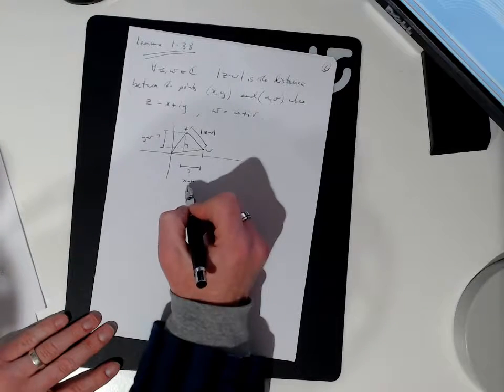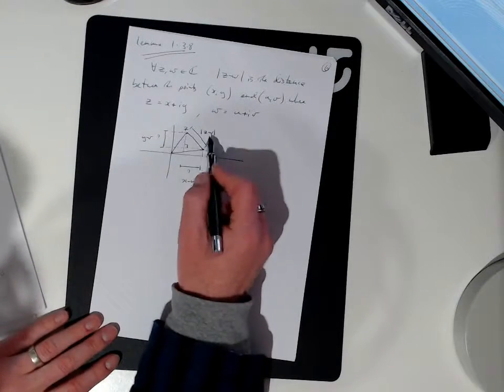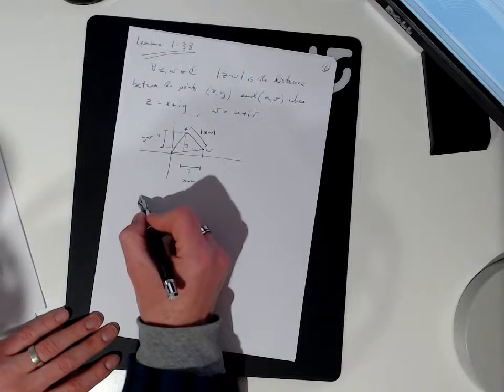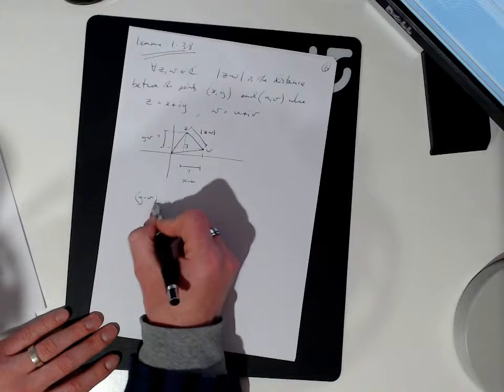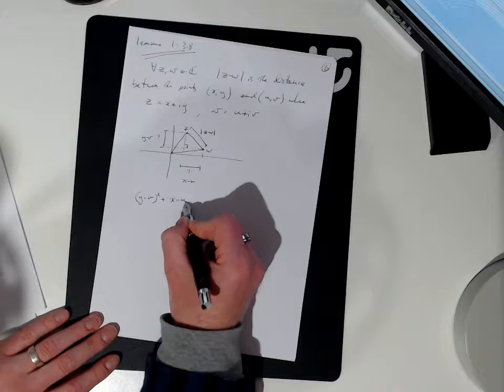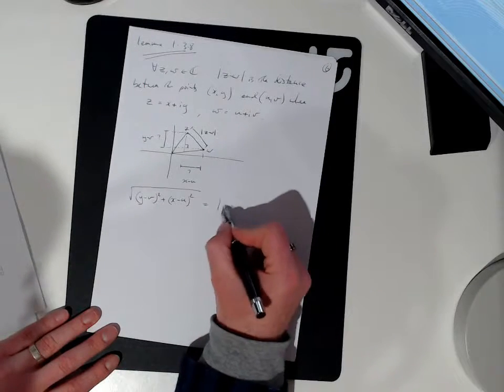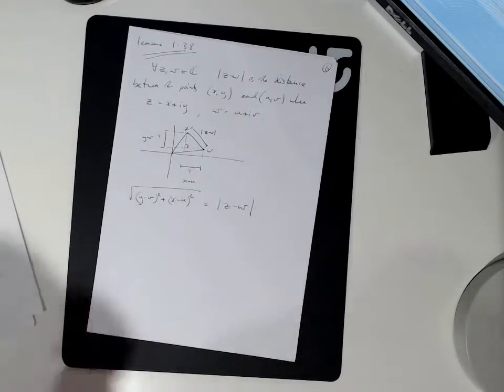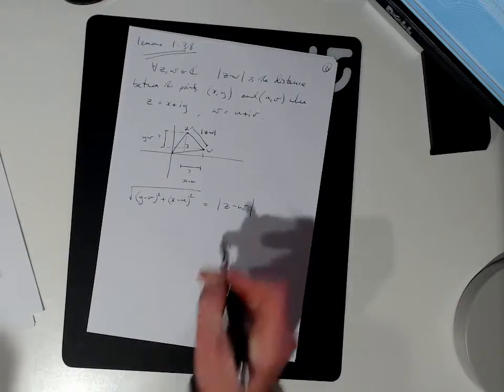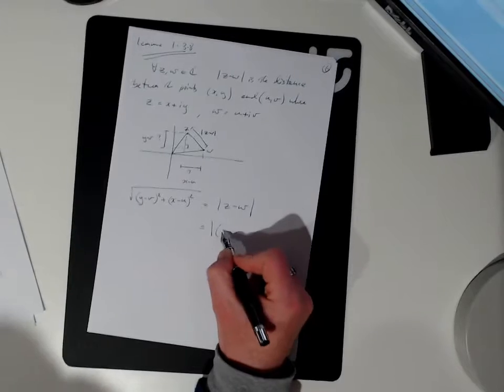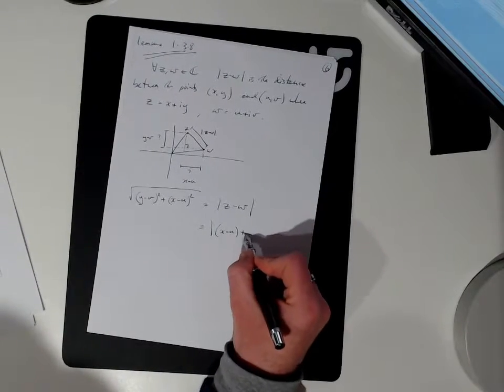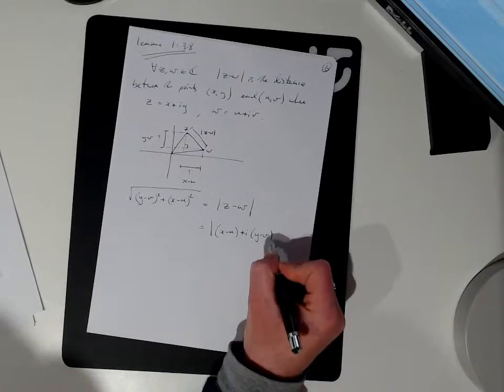So by Pythagoras, the length of the hypotenuse is the square root of (y minus v) squared plus (x minus u) squared. And of course that is exactly the modulus of the difference of these two things, the modulus of (x minus u) plus i(y minus v).